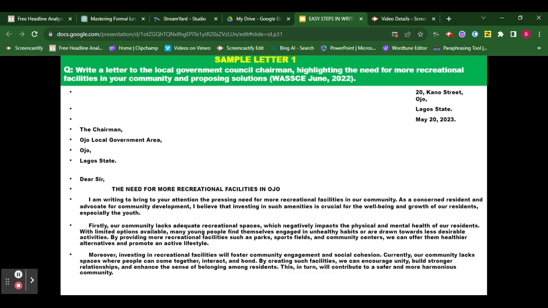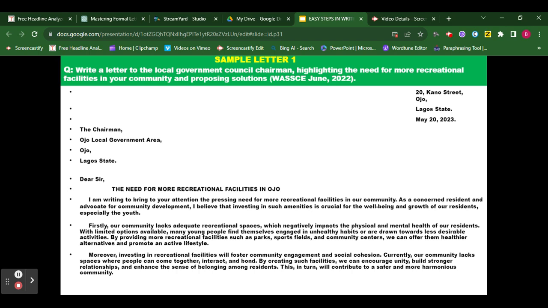Next paragraph. Moreover, investing in recreational facilities will foster community engagement and social cohesion. Currently, our community lacks spaces where people can come together, interact, and bond. By creating such facilities, we can encourage unity, build stronger relationships, and enhance the sense of belonging among residents.